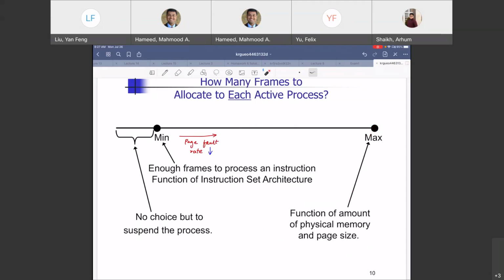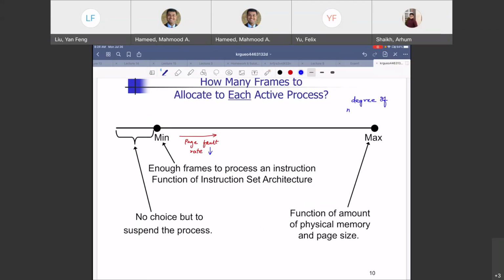If you allocate all of the frames to only one process, then you will be able to make progress on that process. However, nobody else will get any frames. That means that the degree of multiprogramming is going to be just 1.